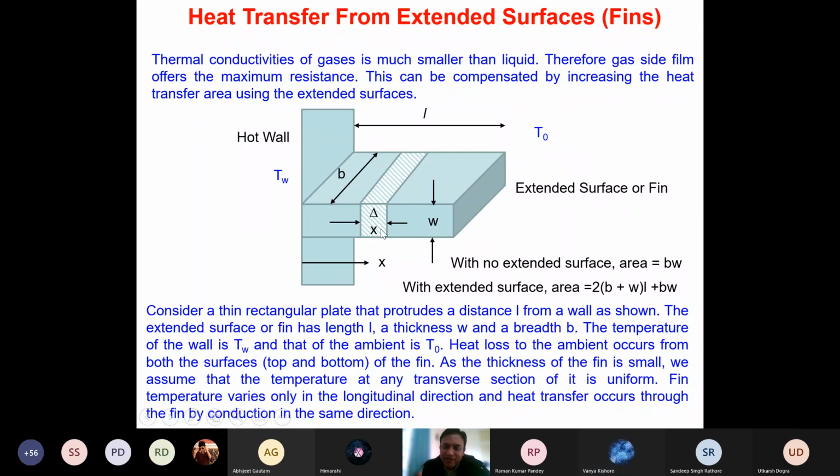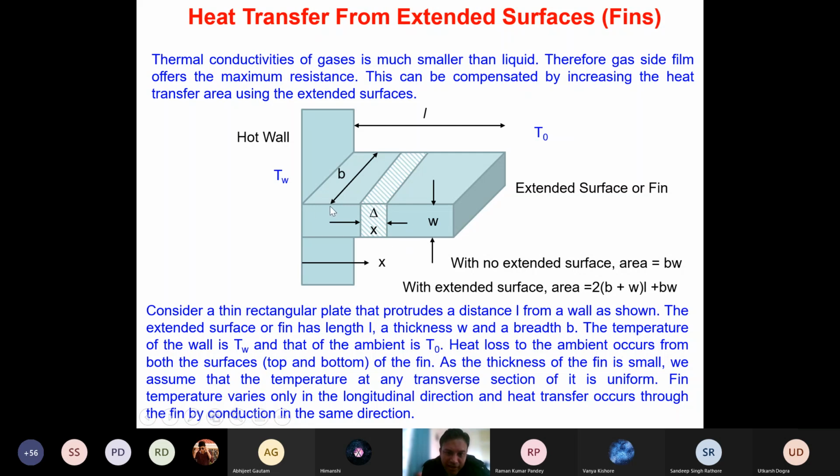Yes, sir. If I take this width very small, the characteristic dimension will be very small. If I calculate the Biot number, that will be Bs by K. That Biot number will be very small compared to 0.01, and we can assume that there is no temperature gradient along the transverse direction.